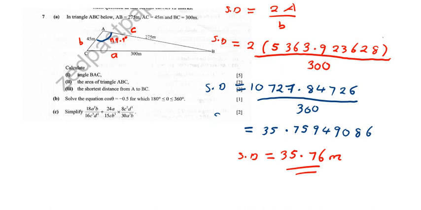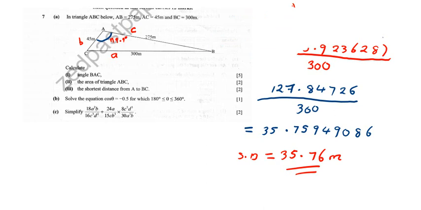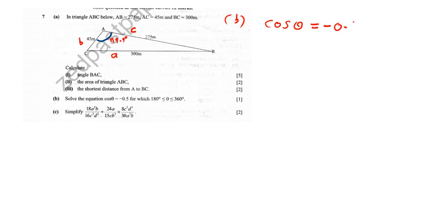So solving part B: solve the equation cos theta is equal to negative 0.5, for which theta is between 180 and 360. So we are solving for cos theta equal to negative 0.5 in the interval theta between 180 and 360.